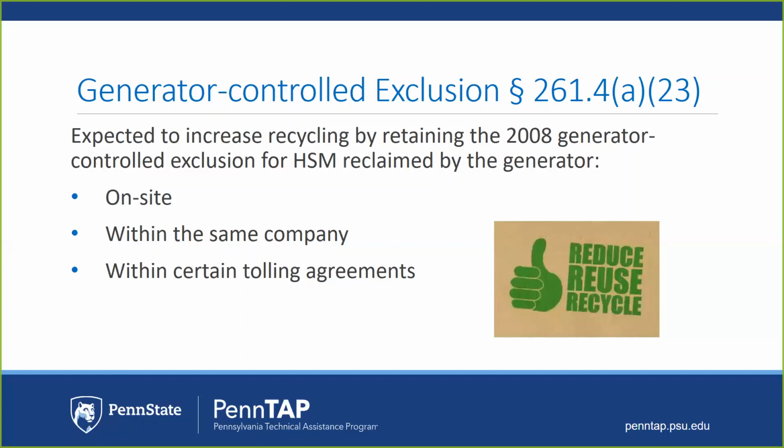Tolling is an arrangement between two companies in which one performs a step or several steps in a manufacturing process for another. The material moves from one company to the tolling manufacturer, which performs a process and returns the material to that company.